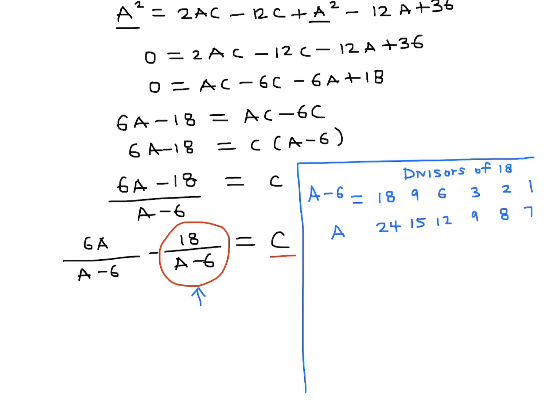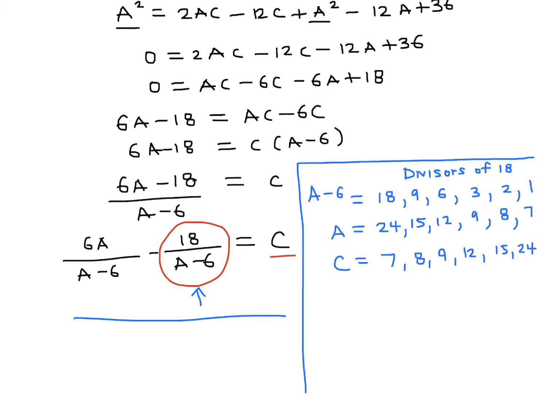Now, if you take these values for a and you plug them back into our formula right here, you'll get values for c. The values are 7, 8, 9, 12, 15, and 24.